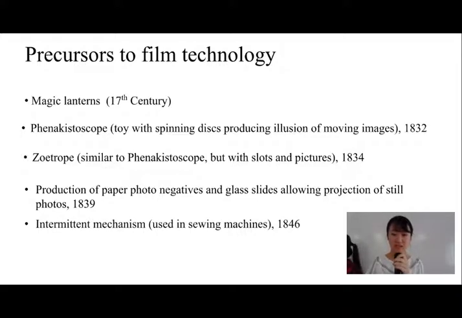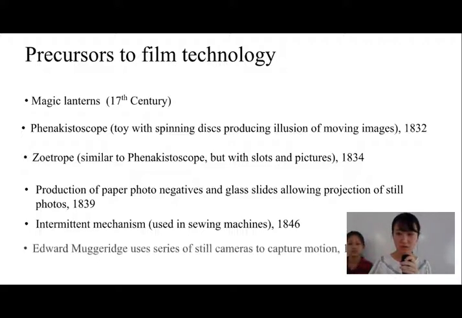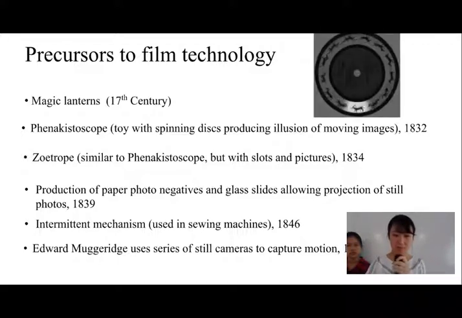And in 1846, the intermittent mechanism is a device by which film is regularly advanced and then held in place for a brief duration of time in a movie camera or movie projector. Eadweard Muybridge used several still cameras to capture motion.